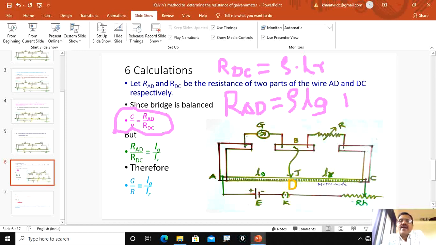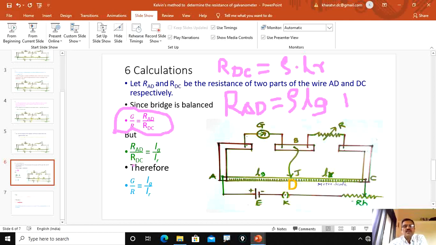Now if we divide RAD by RDC, then this rho will cancel with this rho, and we will get LG divided by LR. So RAD divided by RDC is equal to LG divided by LR.